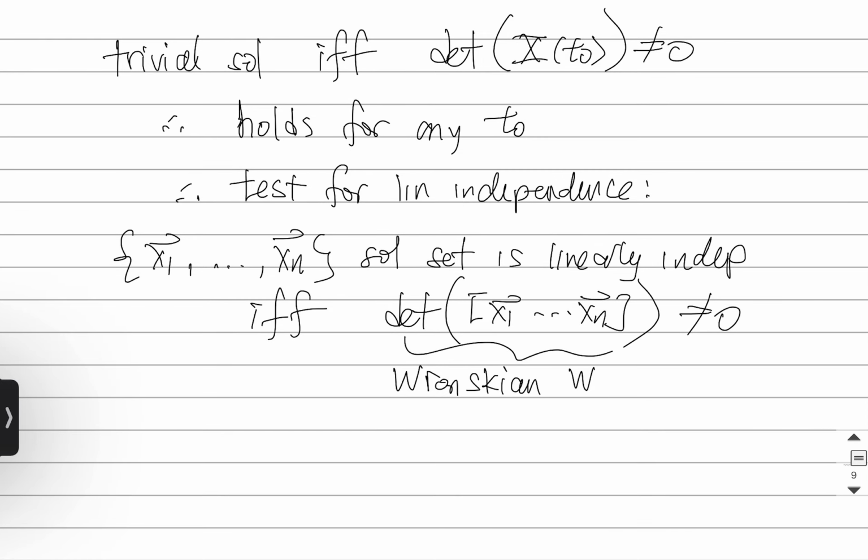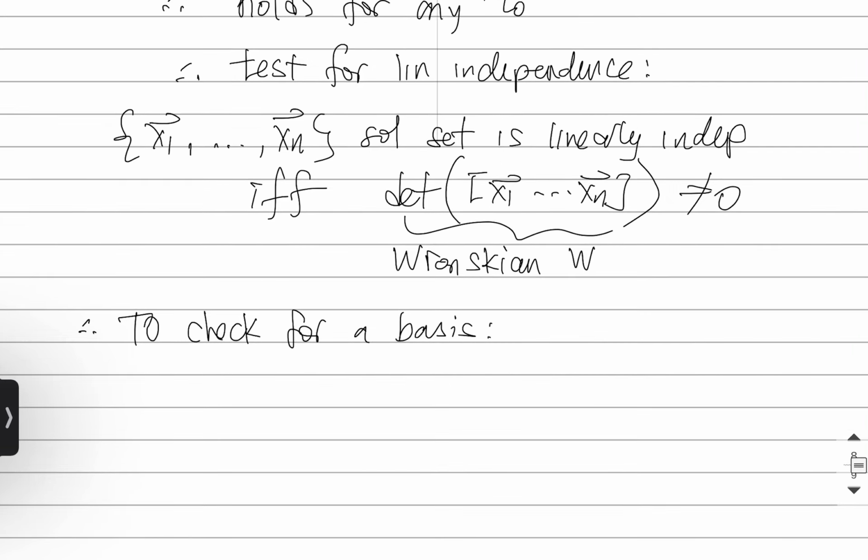And if we put all of these things together, we have a way to check for a basis. If we find n solutions, x1 through to xn, these are going to be called a solution set.